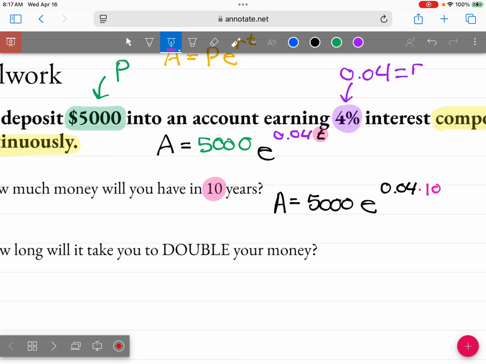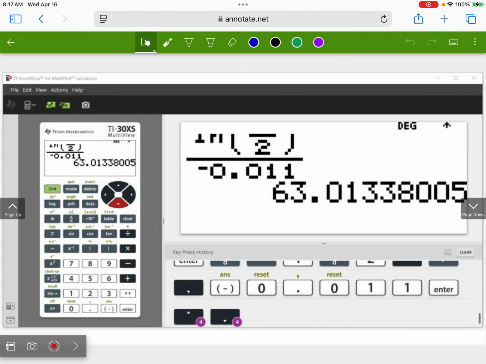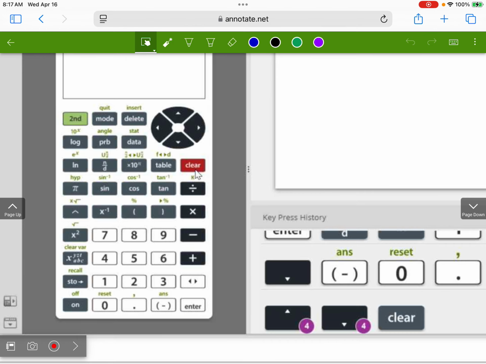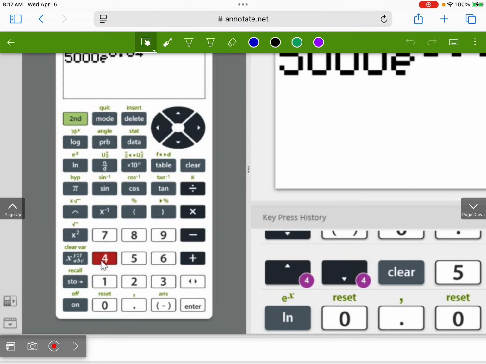So we can do that. I'm going to put my calculator up in front of the screen. So we can type this in the calculator with our 5,000. To get E, that's when we hit our green button and then the ln button. That gives us E and kicks us up into the exponent. We put in our 0.04 times 10.